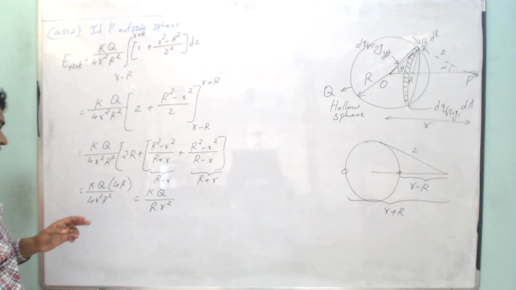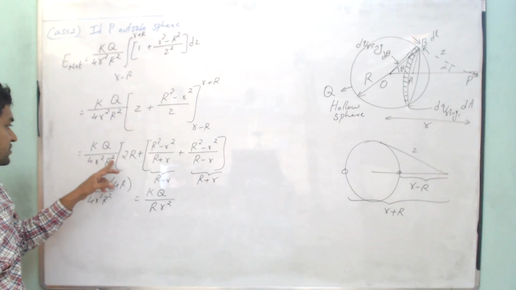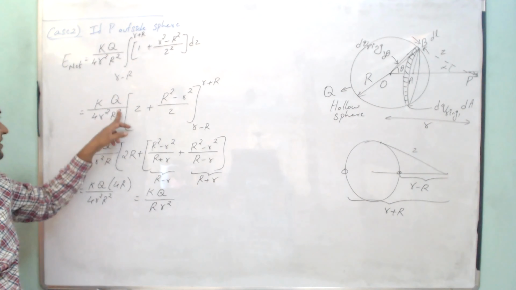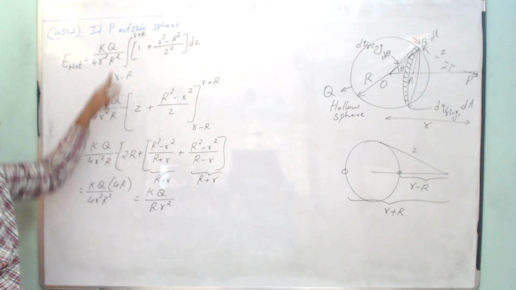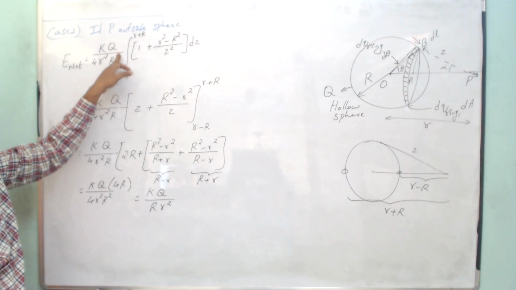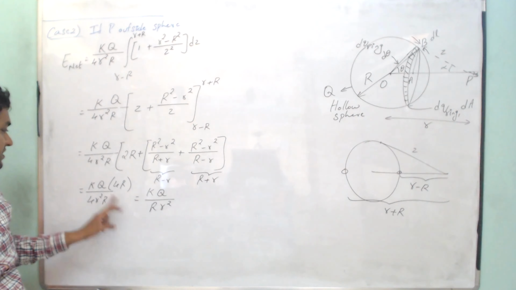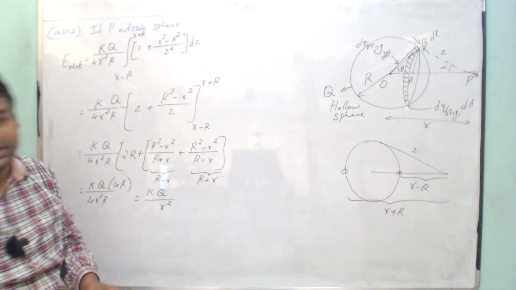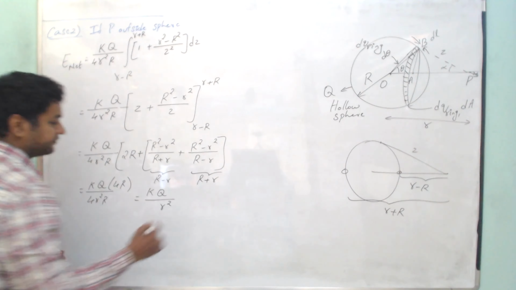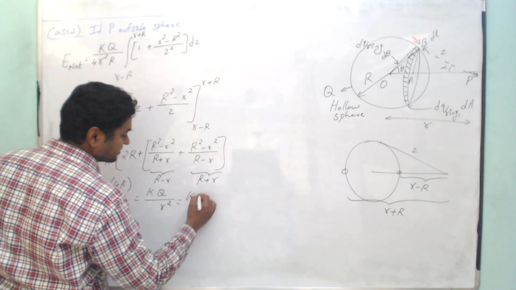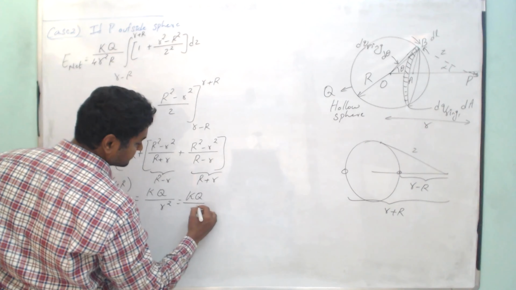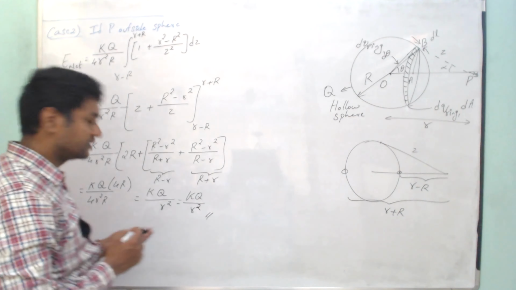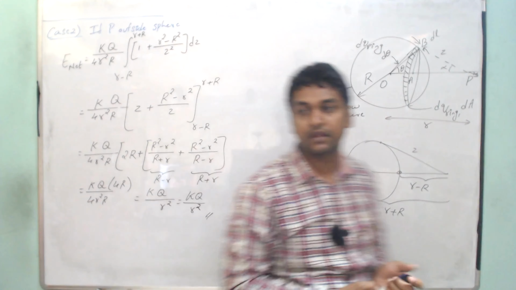That's why I asked you, this is not R square. That is the reason I asked. You got R square only. Eventually this will get cancelled. We will get KQ by r square. In the initial derivation, check it once. There is no capital R square. There is 4 pi r square.